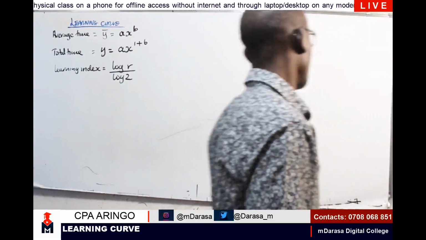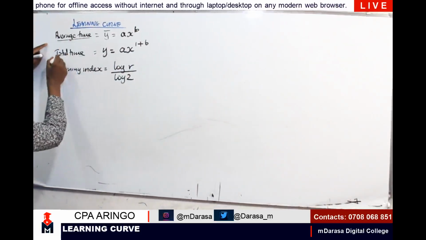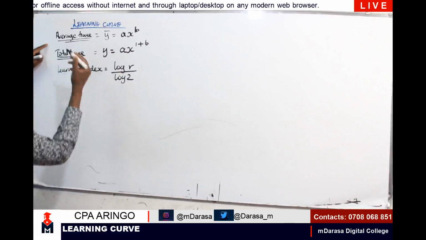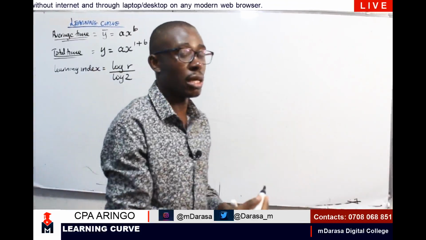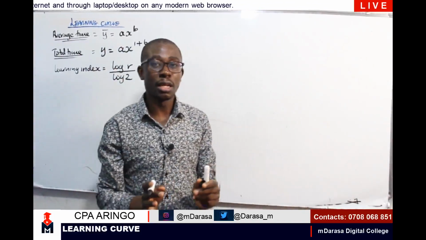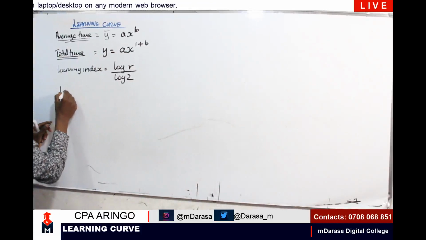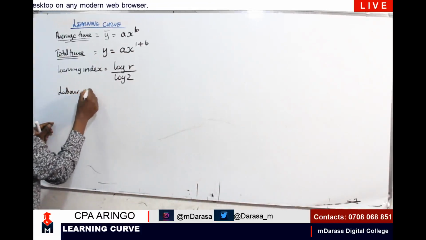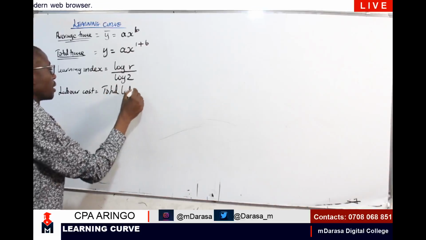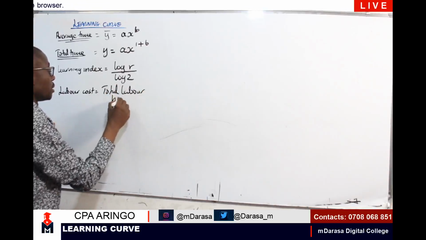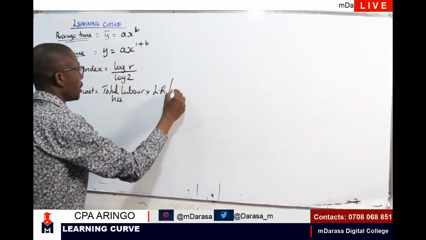Understanding that is very critical, because our main concern in studying learning curve is to enable us to estimate our cost, and specifically the labor cost. Because at the end of the day, to determine our labor cost, I will have the total labor hours times the labor rate per hour.